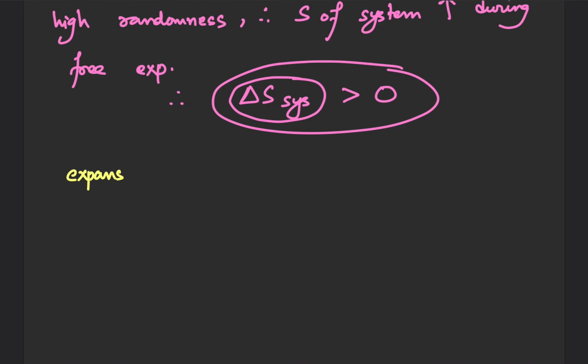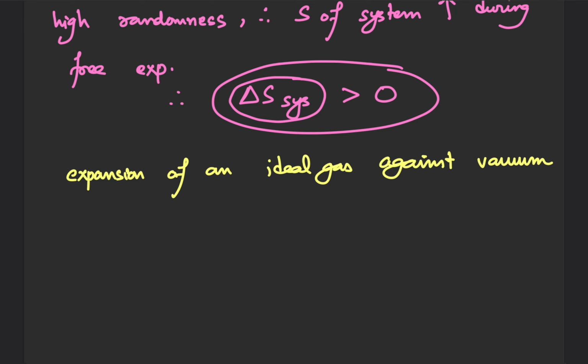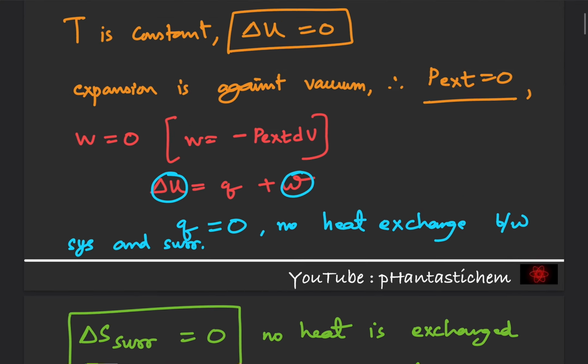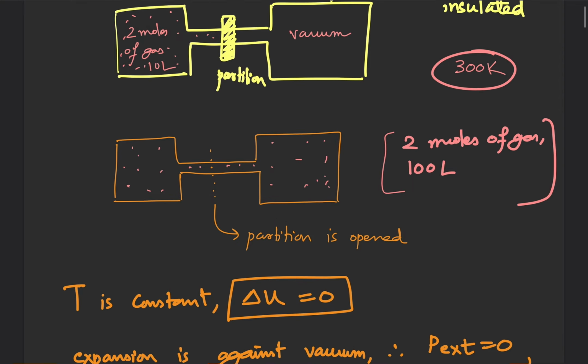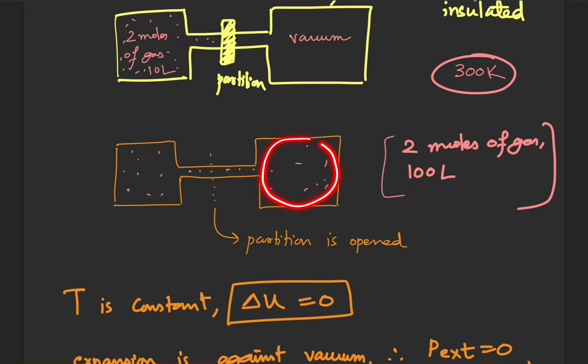Expansion of an ideal gas against vacuum is an irreversible process. So it is irreversible because the gas won't spontaneously or by itself return to its original chamber.